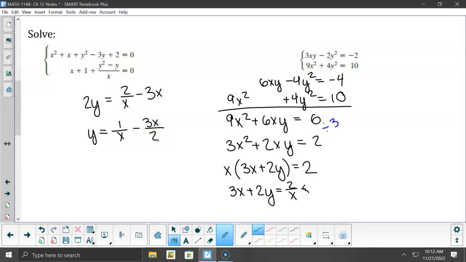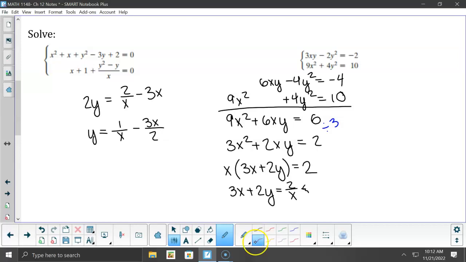I got y to equal something. Little gross. Could I now plug in for that y and solve for x? Oh, it's going to suck.